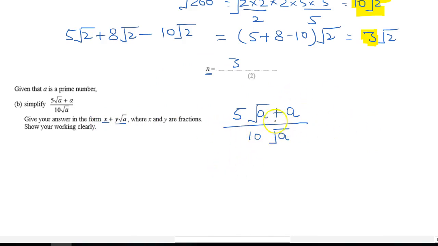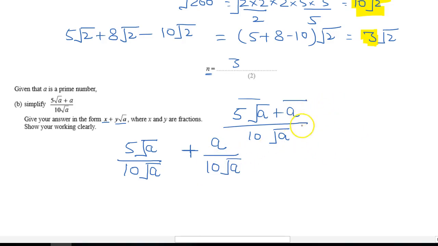So we can separate it. We can write 5 root a plus a. We have divided into these two parts, and this we are writing separately. This is 10 root a and this is 10 root a.